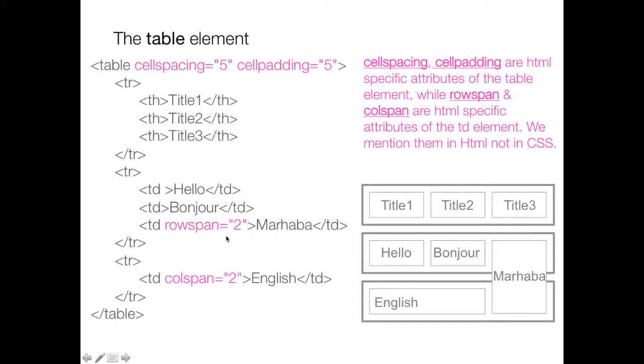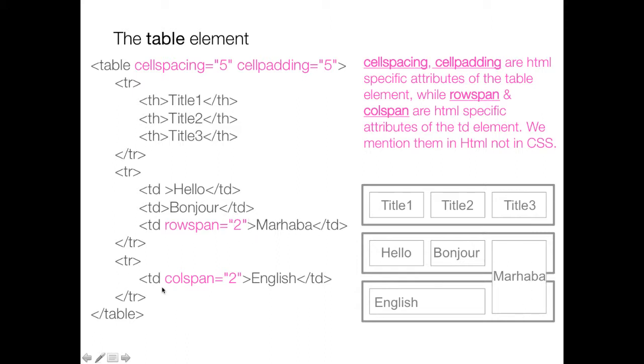Row span is how many rows a cell is spanning. So in this case, the third cell in the second row, this is the first row, this is the second row, this is the first cell, the second cell, the third cell. The third cell in the second row is spanning 2 rows, that's why we have the value 2 here.